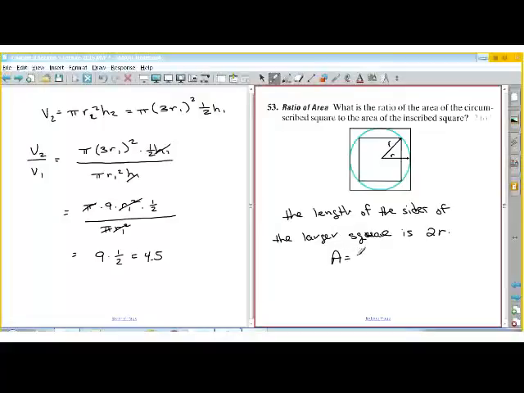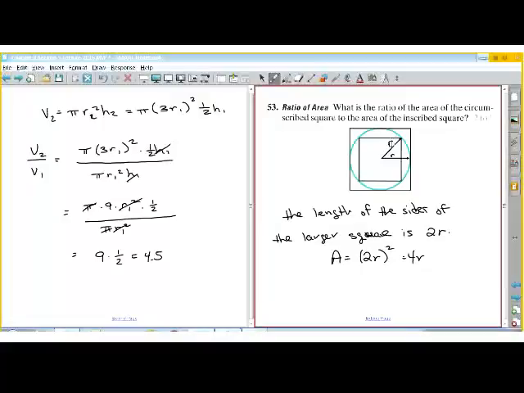And therefore, the area of the large square is going to be equal to 2r squared, because of the length of each side. This side is 2r, this side is 2r. So the area is 2r times 2r, which is 4r squared.